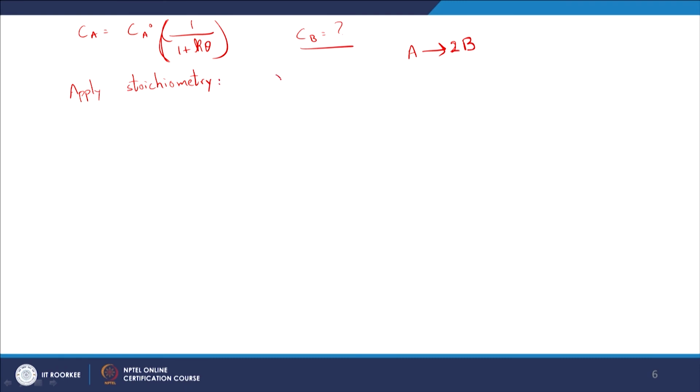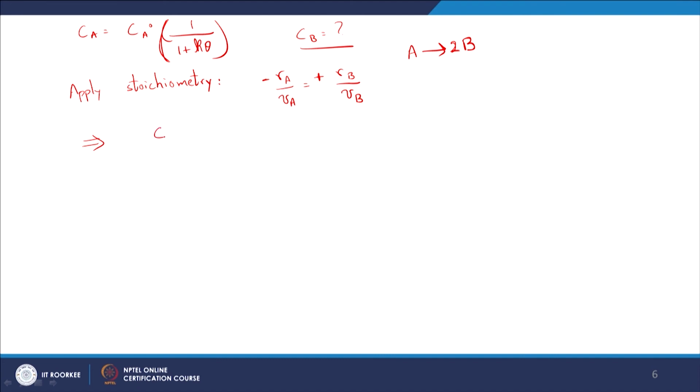Again we know that rate of A by stoichiometric coefficient of A is going to be minus here and plus here because it is being lost, B by stoichiometric coefficient of B. This is what we looked at earlier, and so from this we have the relevant equation after integrating and so on.